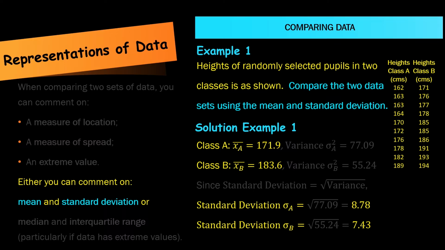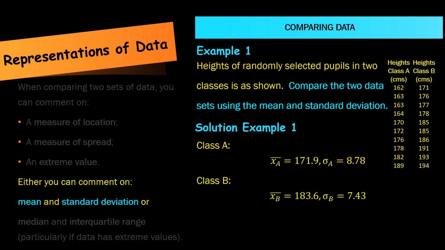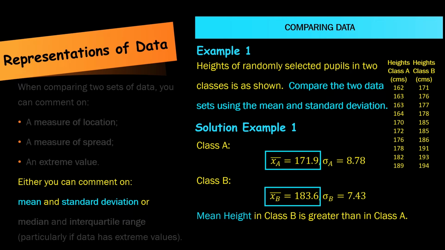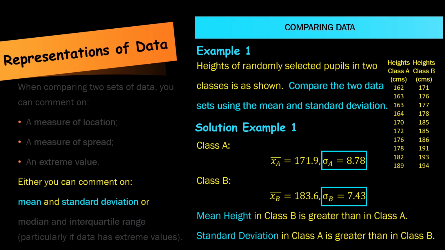And here's a summary. So we can now comment on the results we've found. Looking at the means, we can see that the mean height in class B is greater than that of class A. And the standard deviation in class A is greater than that of class B.